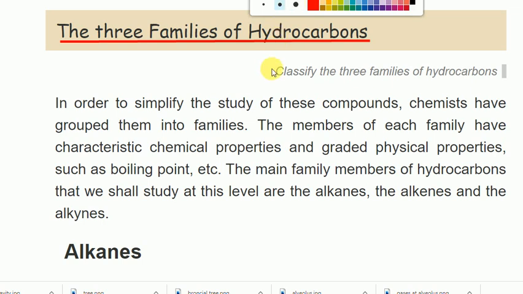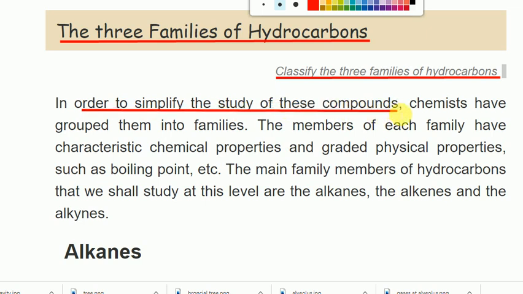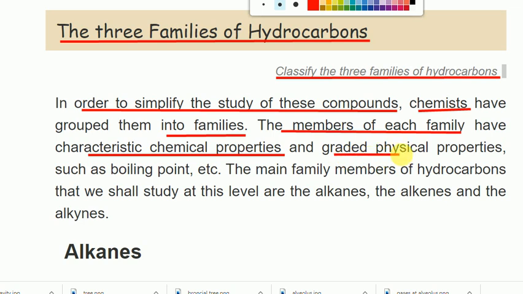We are classifying hydrocarbons into three families. In order to simplify the study of these compounds, chemists have grouped them into families, and the members of each family have characteristic chemical properties and graded physical properties. So the chemical properties of a certain family are similar, but the physical properties of a family are graded.